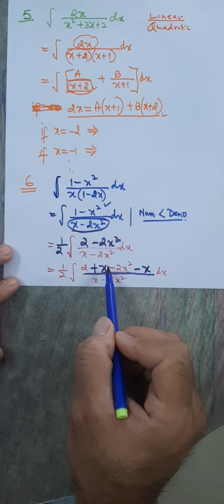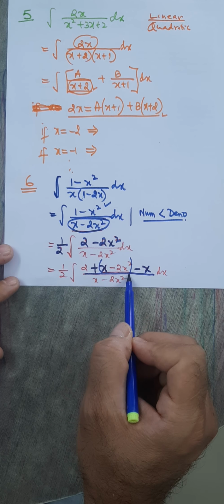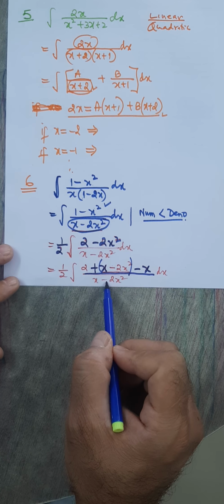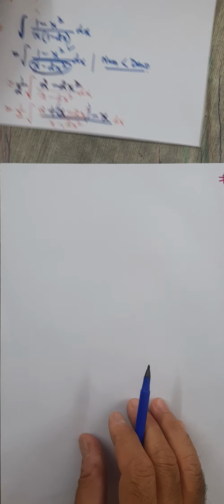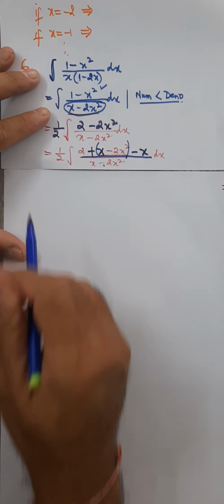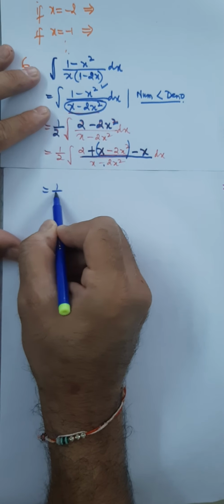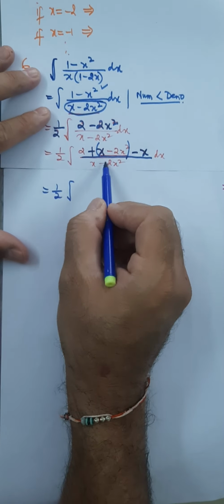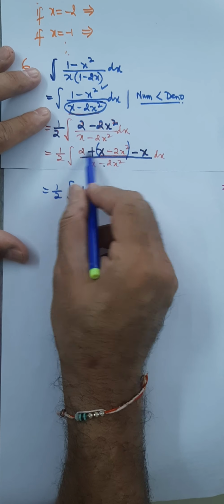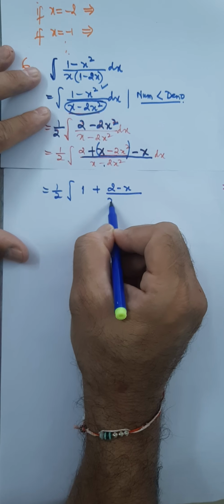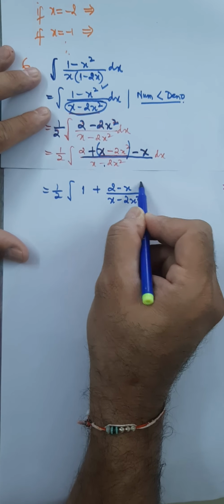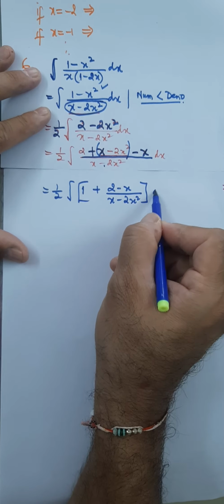Now I'll do individual division, considering this as 1. So this upon this gives us 1. So this equals half, as it is outside. This upon this gives us 1. You are left with 2 minus x upon x minus 2x squared the whole dx.